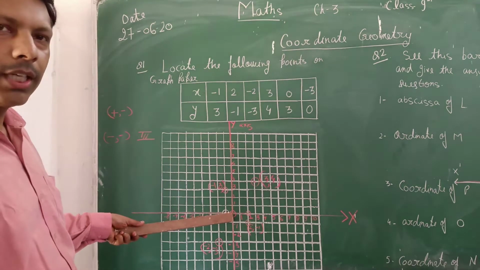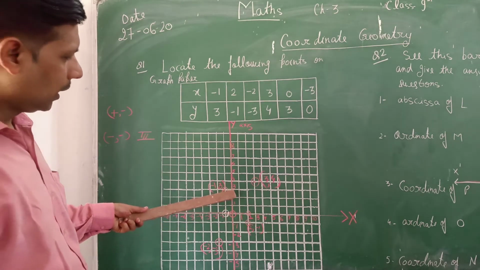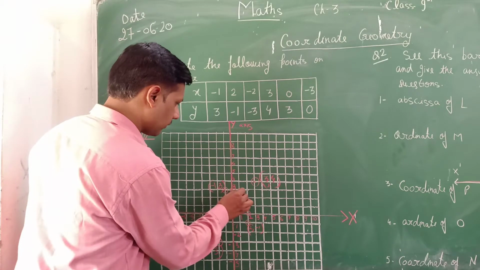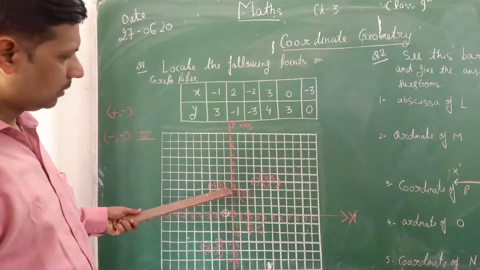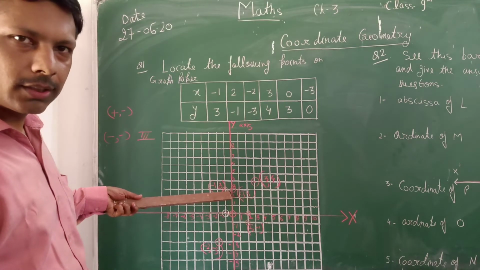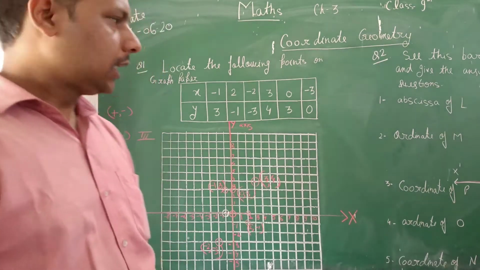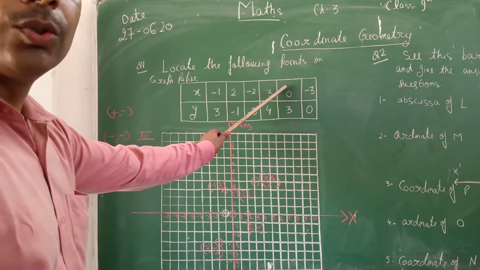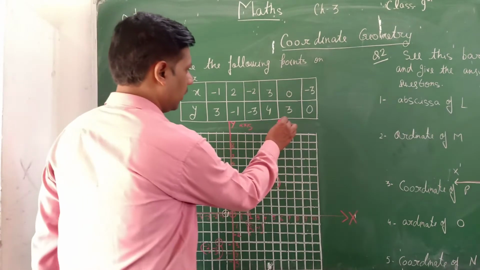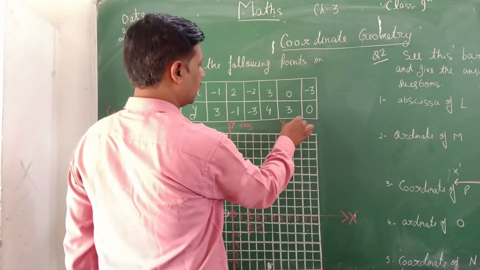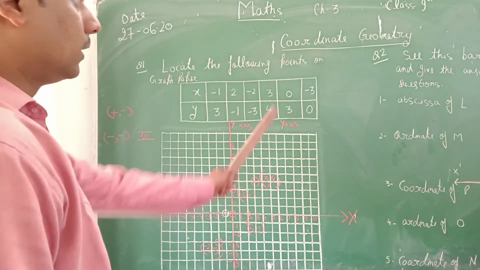Because of the positive sign, you have to move upward. 1, 2, 3. This is (0, 3). That is clear? I told you before that if the value of x is 0, then the point lies on the y-axis. Clear? Okay.